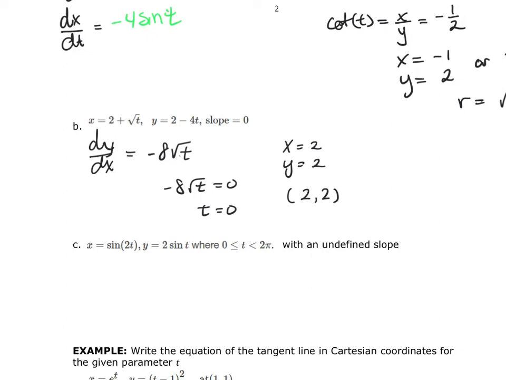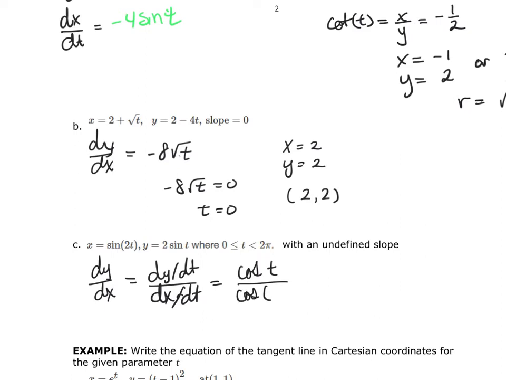Let's take a look at my last example of these, where I'm asked to find the location of an undefined slope. So I'm going to find my dy dx, and again I would have done the dy dt divided by the dx dt. And at this point you all know how to do derivatives. What I end up with is the cosine of t over the cosine of 2t.